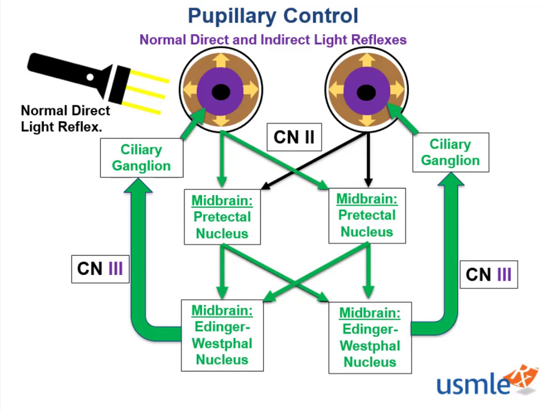Also, this demonstrates a normal indirect consensual light reflex as the pupil of the eye that was not directly shown light constricted as well. From this diagram, please appreciate how the crossovers via cranial nerve 2 and the pretectal nuclei enabled the indirect consensual light reflex.